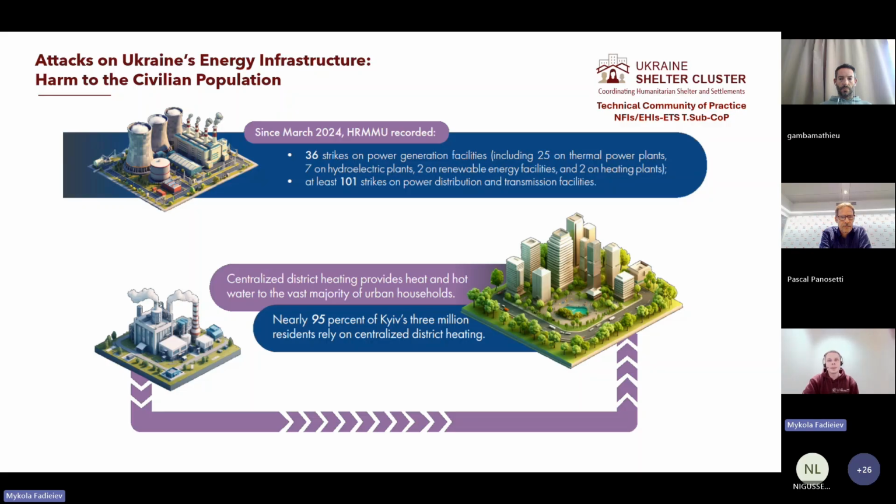At the same time, around 50% of the residential buildings in Ukraine use centralized district heating, a heating system whose existence and efficiency depend on the functioning of combined heat and power plants. For instance, 95% of Kyiv citizens, approximately 3 million, rely on centralized district heating.